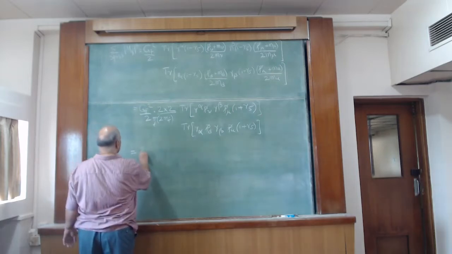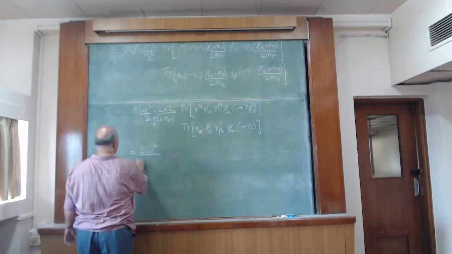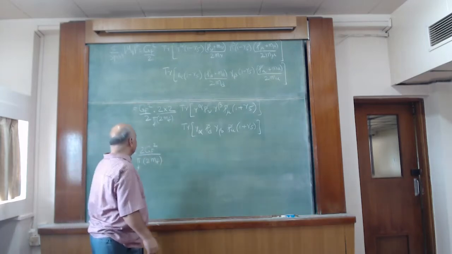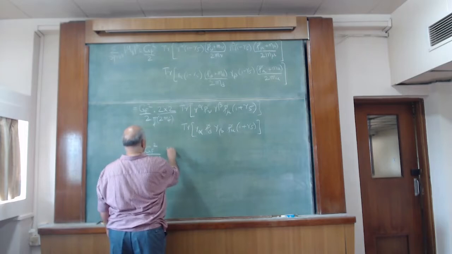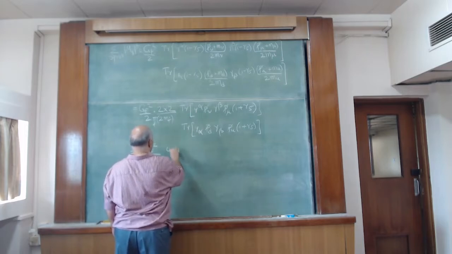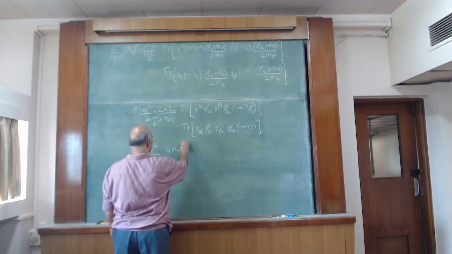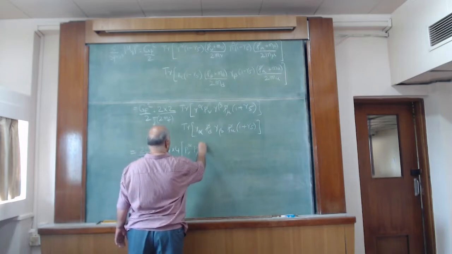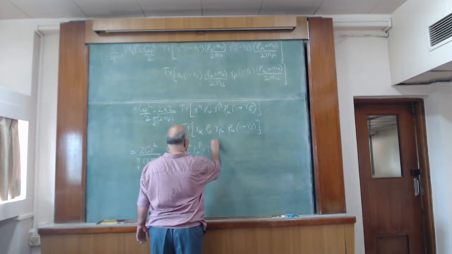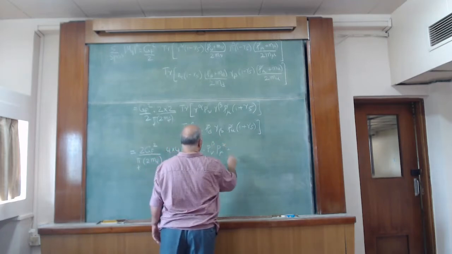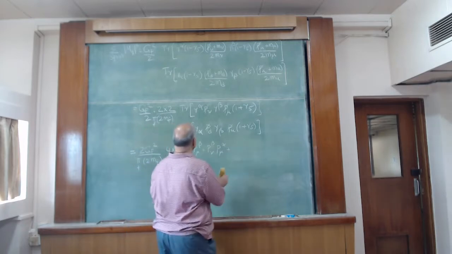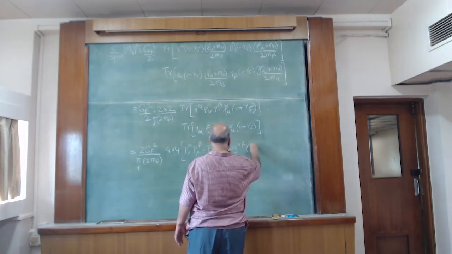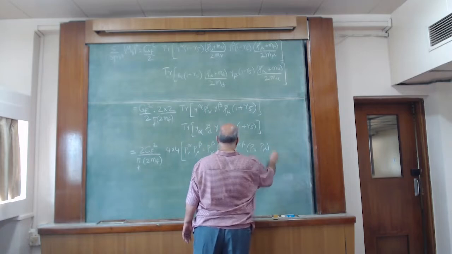So this is 2 g F squared by these normalization constants, and there is a factor of 4 I get from this one, and another factor of 4 I get from this one, times p mu alpha p mu beta plus p mu beta p mu alpha minus g alpha beta p mu dot p mu.